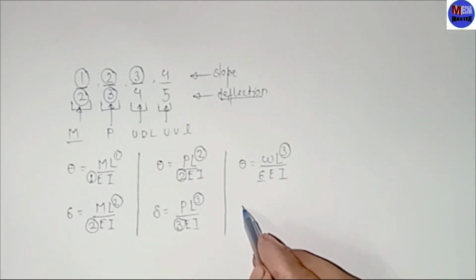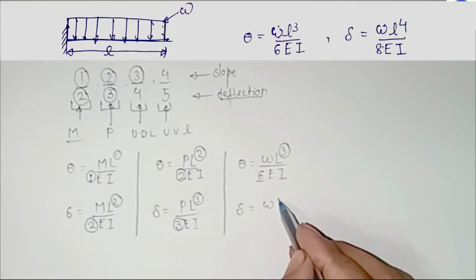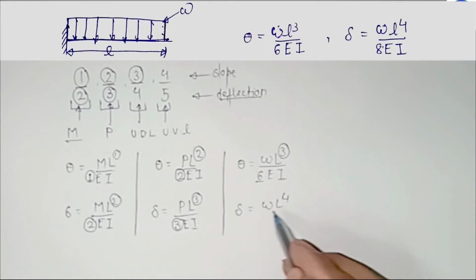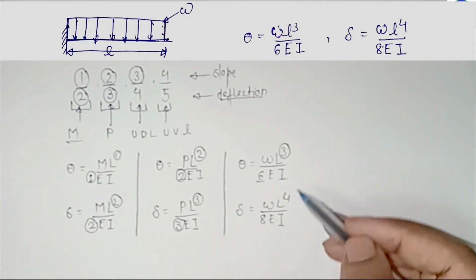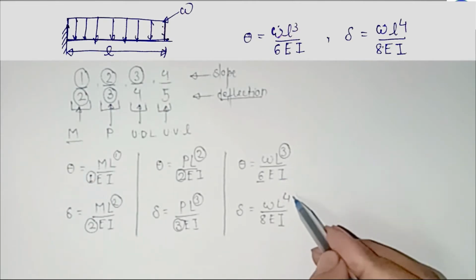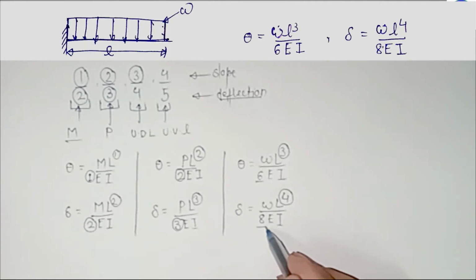What is the value of deflection? This is WL power 4 upon 8 EI. Since we have multiplied 2 in 3, so we have also multiplied 2 in 4, so it become 8.